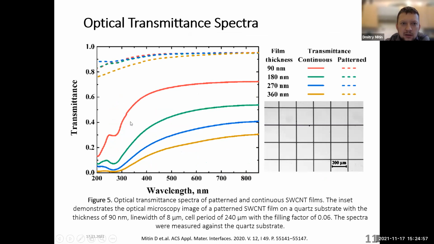Here you can see optical transmittance spectra of initial CNT films with different transmittance, and final spectra of patterned electrodes with transmittance of 95%.